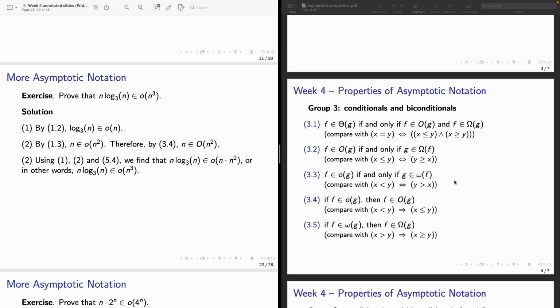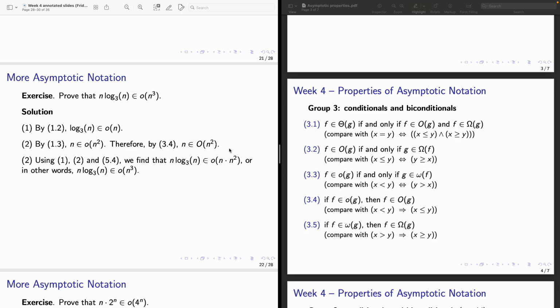This is like the asymptotic version of that inequality implication that tripped up a few of us earlier. Remember that for any OR statement, only one side of it needs to be true for the whole thing to be true. In this case, if x is less than y, then we can conclude that it's less than or equal to y, because x less than or equal to y just means x is less than y or x is equal to y.